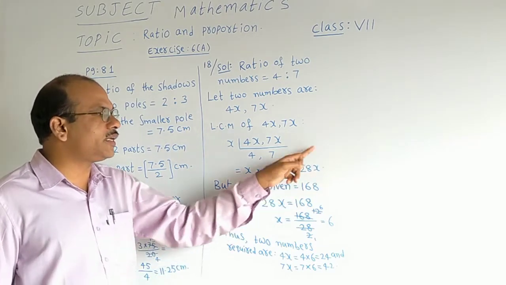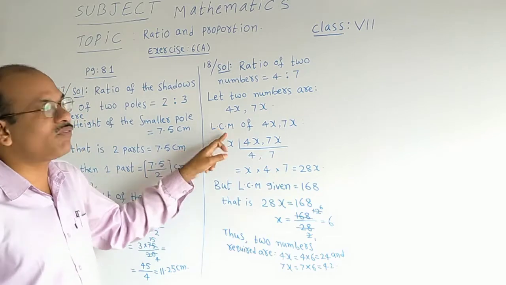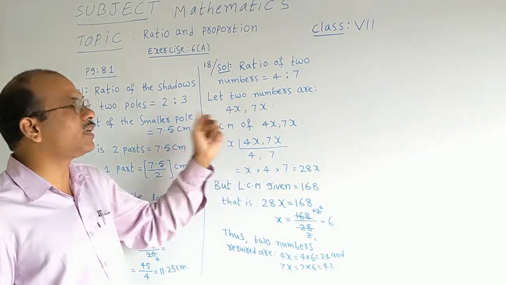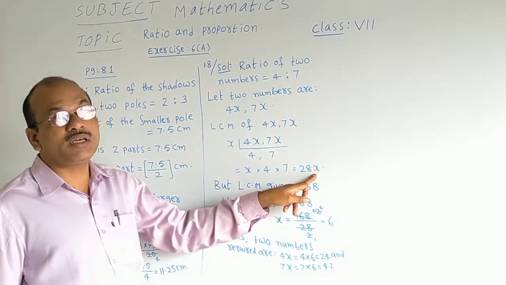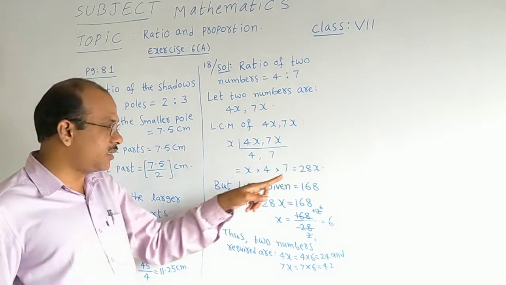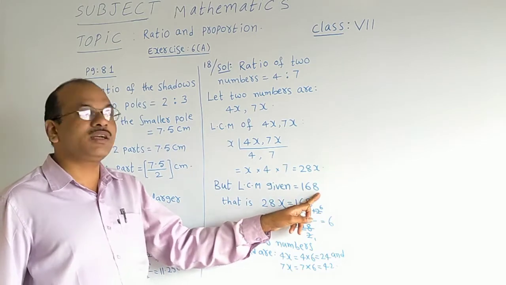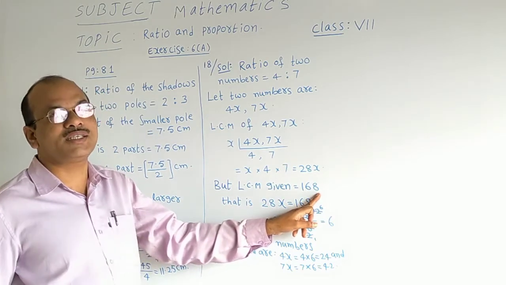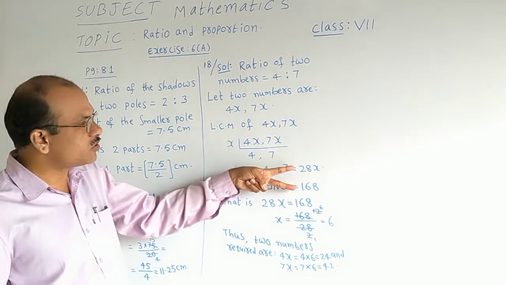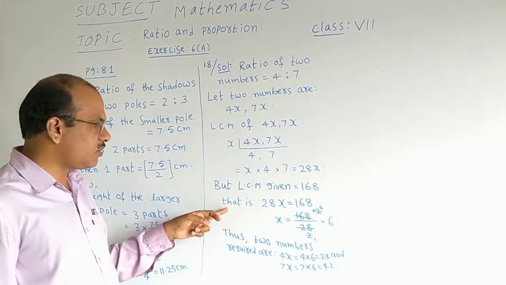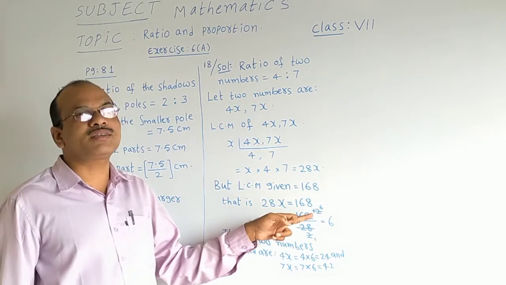This 28x is the LCM for the two numbers we thought of in the beginning. But in the question the LCM is given as 168. That means both are the LCM of the same numbers, so both are equal. So 28x is equal to 168.